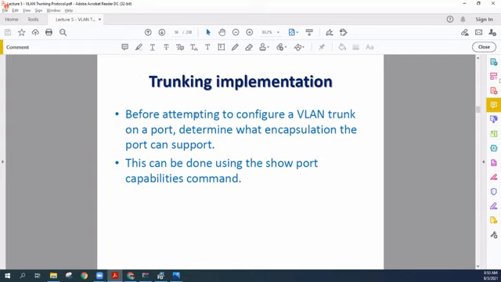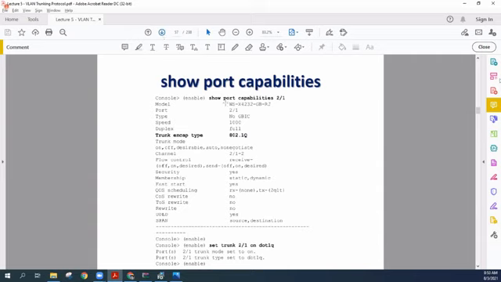Trunking implementation: before attempting to configure a VLAN trunk on a port, determine what encapsulation the port can support. This can be done using the show port capabilities command, since different ports support different encapsulations. Then you can find the trunk encapsulation type is 802.1Q.